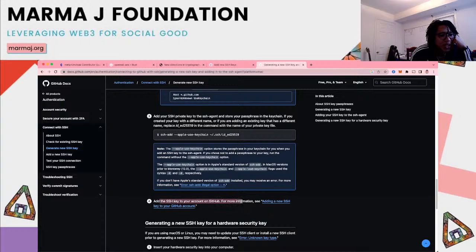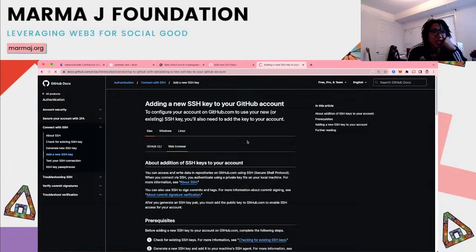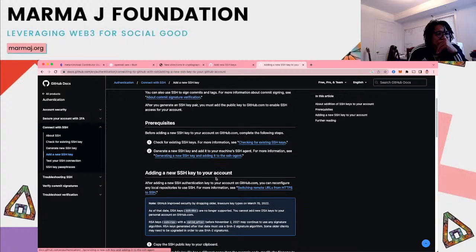Add the key to the account. Ugh. See, I did this part already. Add your private key to the keychain and do this. So I'm going to click the next one and just add it in the web browser.